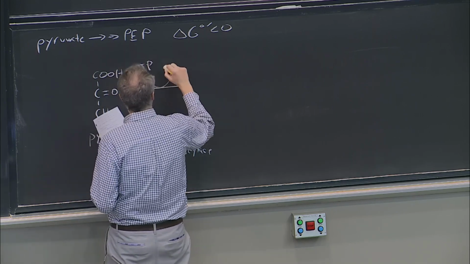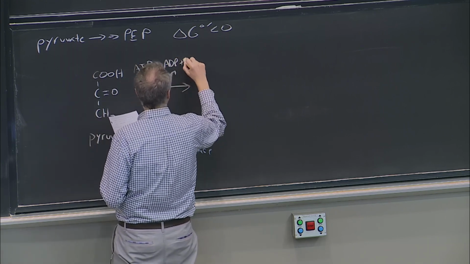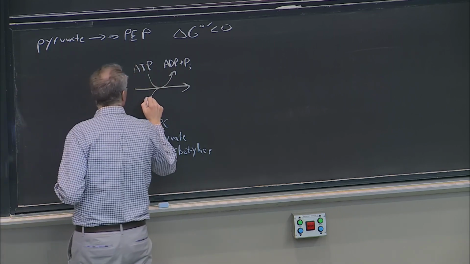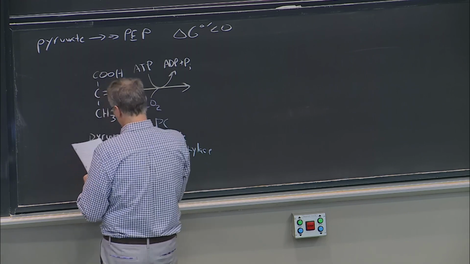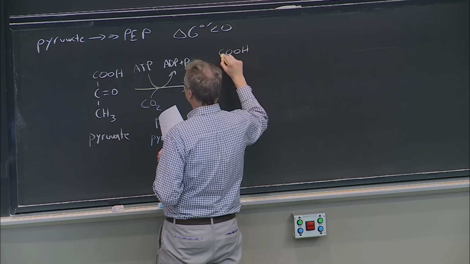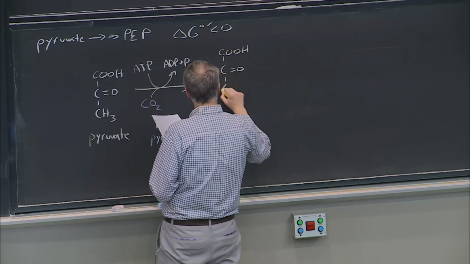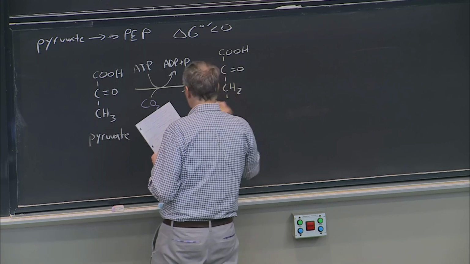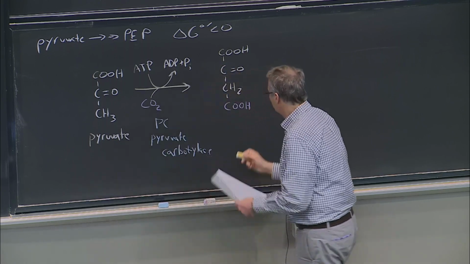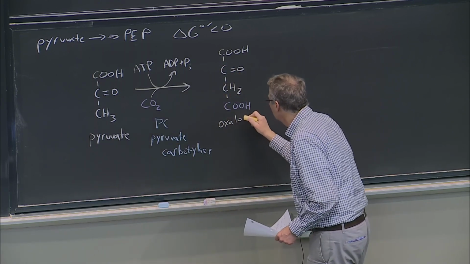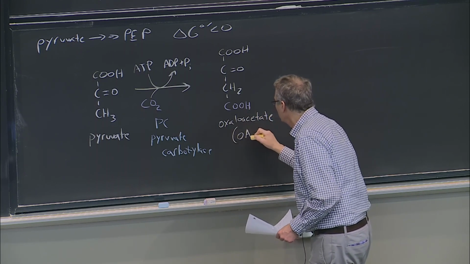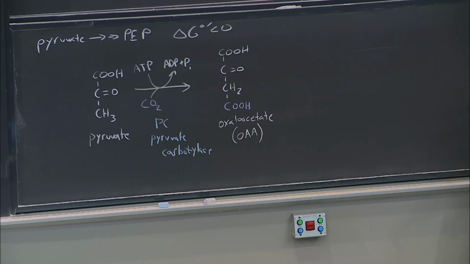It couples ATP hydrolysis to addition of a CO2 that generates this intermediate, which is called oxaloacetate, often abbreviated OAA for oxaloacetic acid.